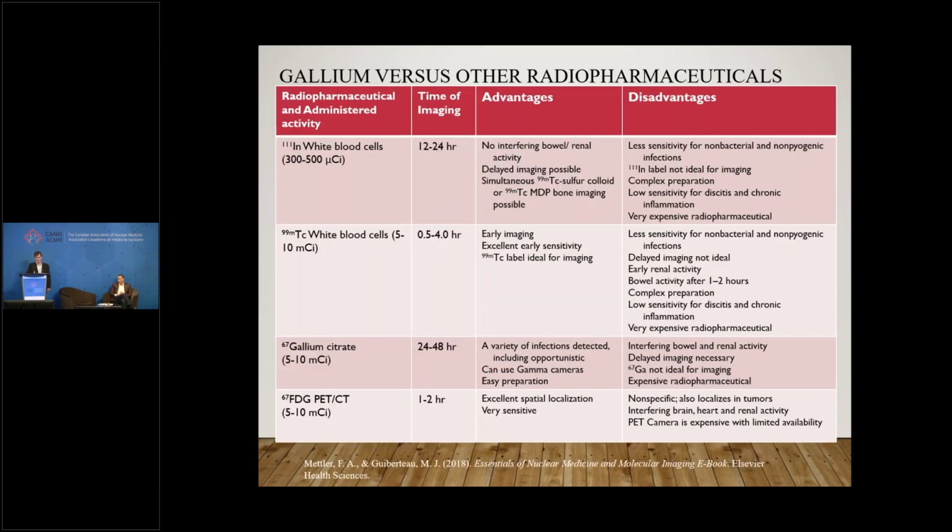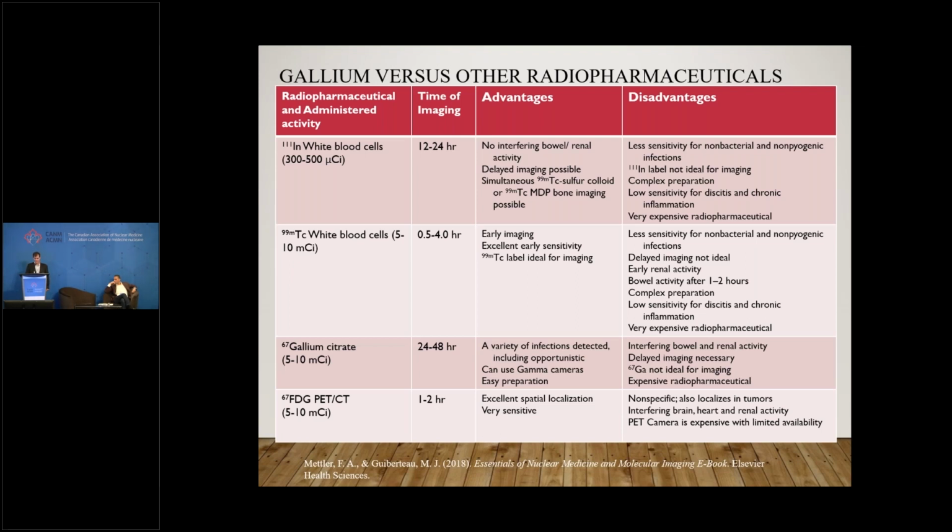Now, compared to other radiopharmaceuticals, I don't want to steal the show from the previous presenter, who did a very good presentation, and other future presenters today. But I just want to say very quickly that gallium can be used with a gamma camera.